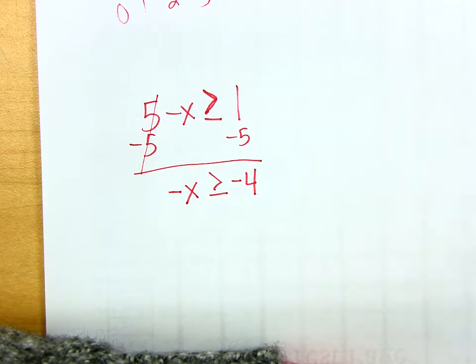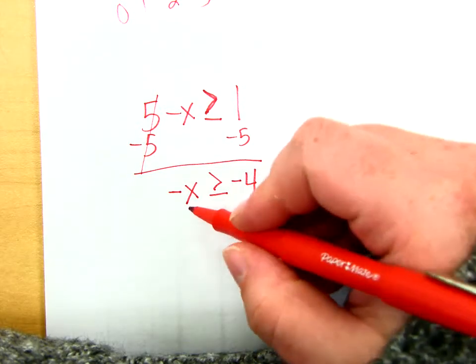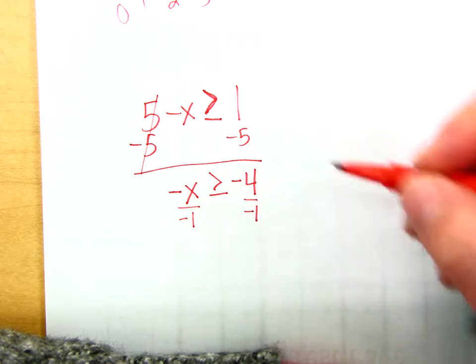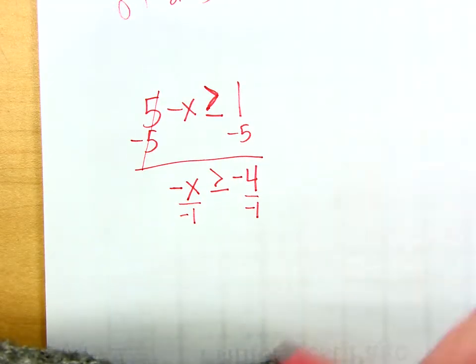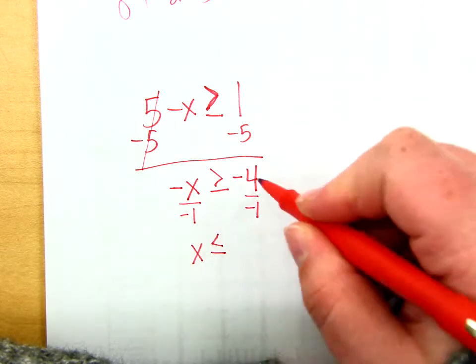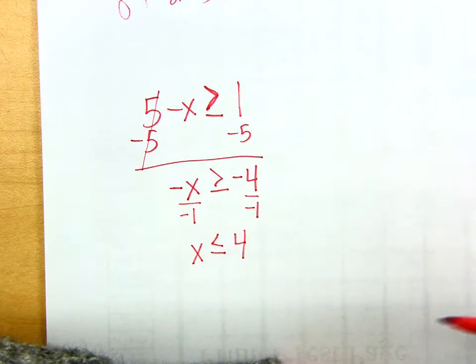I can't leave it as negative x. I want positive x. So what would I do? Yeah, I'm going to have to divide everybody by a negative 1. So right here, I'm dividing by a negative. So here is where I would flip that symbol over, and that is now a positive 4.